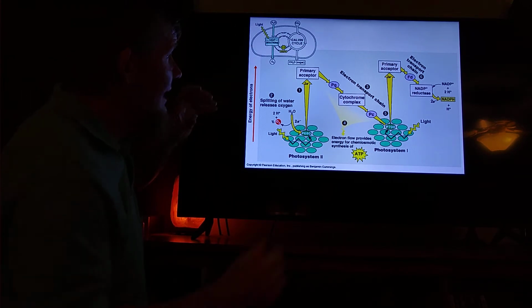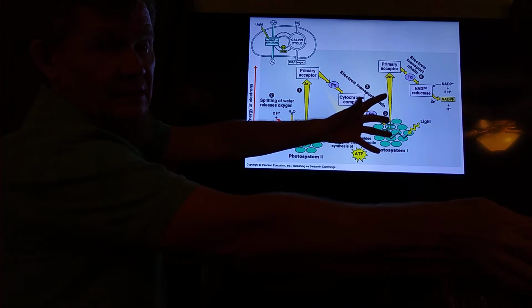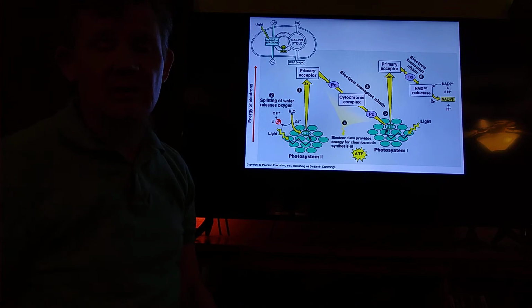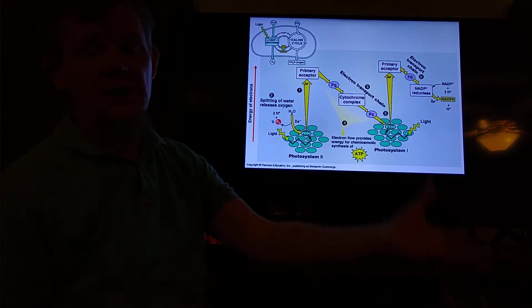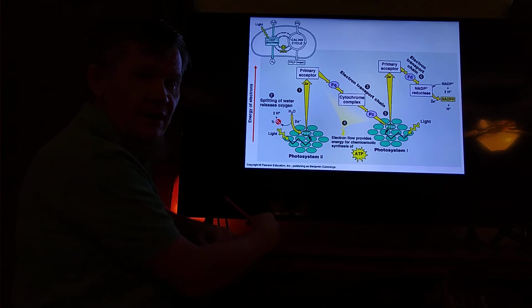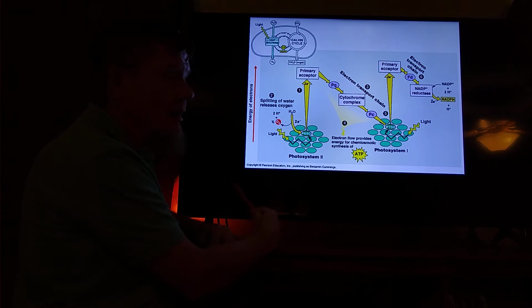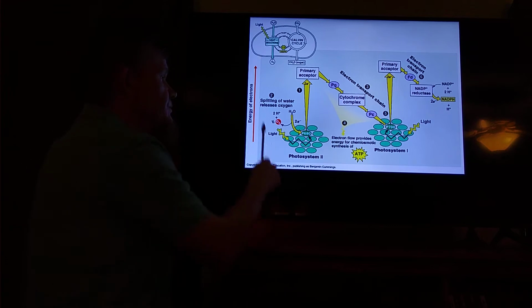So, in my thylakoid membrane, in those little stacks, those stacks are green. Why are they green? They're green because they're full of chlorophyll. So here are my molecules of chlorophyll that are embedded, that make up part of that thylakoid membrane.